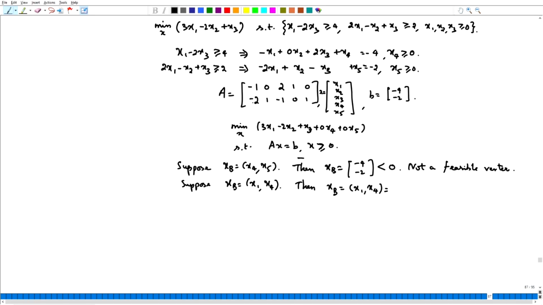Here you have minus 2 and 0 and minus 2. It is clear that x1 should be 1, and when you put 1 here you get minus 1 and minus 3. That is a problem, because this is not greater than or equal to 0. So, again not a feasible vector.